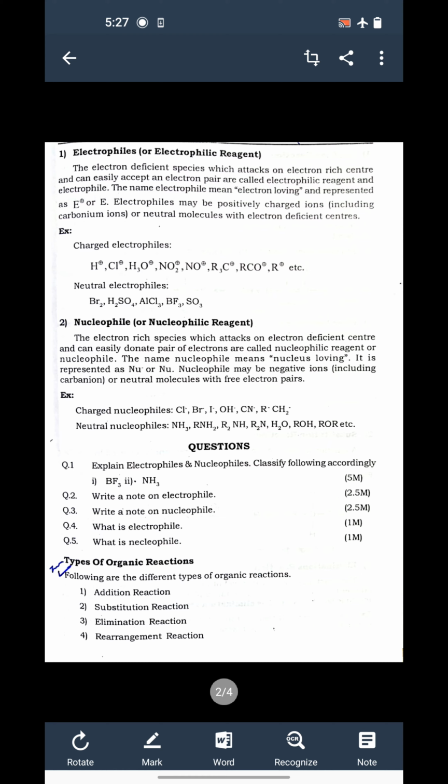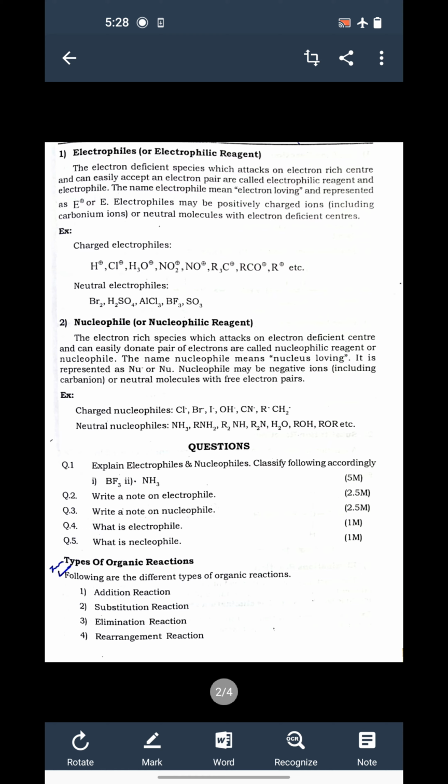Another type of electrophile is the neutral electrophile. These are species like Br2, H2SO4, AlCl3, BF3. AlCl3 and BF3 are Lewis acids. As we know, Lewis acids always attract an electron pair towards themselves, meaning they are electron attracting or electron loving, and therefore they are also called electrophiles.